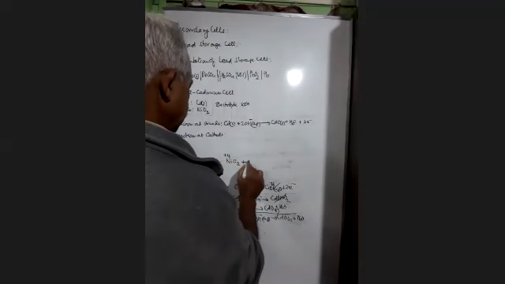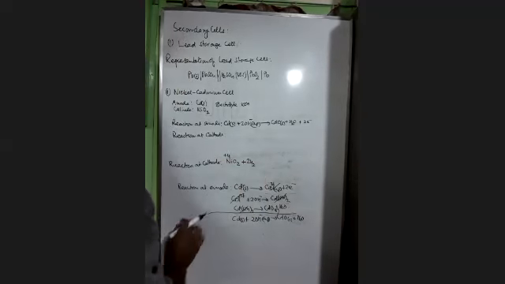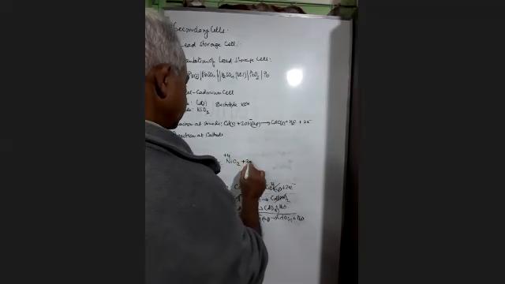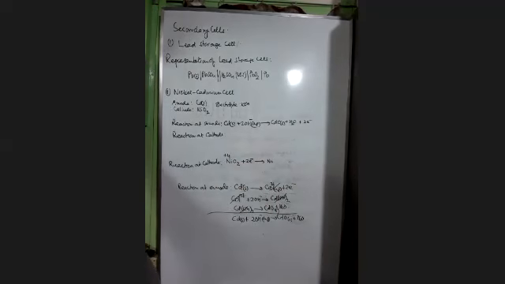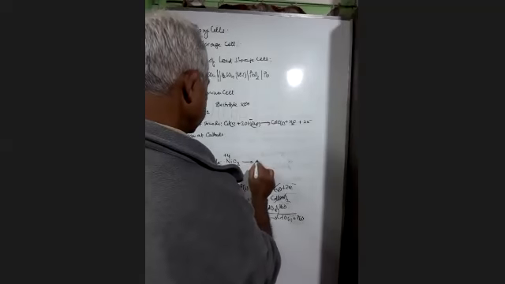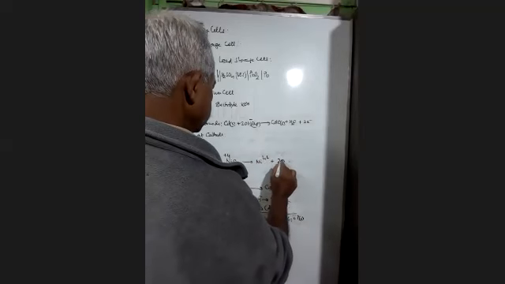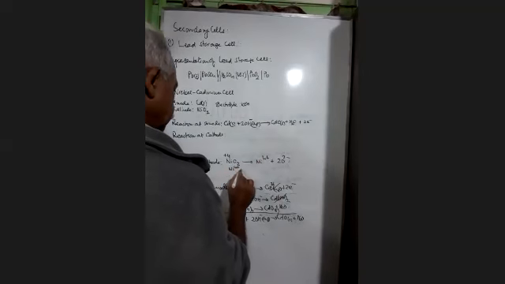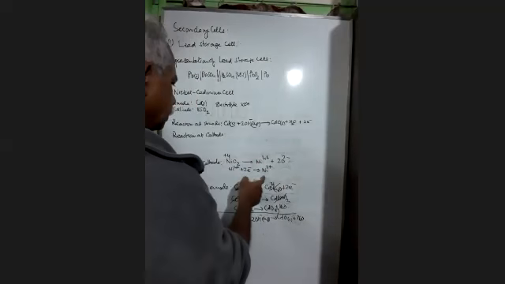So now, see this is the cathode taking electron.